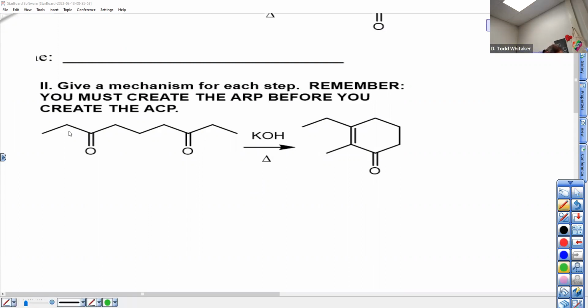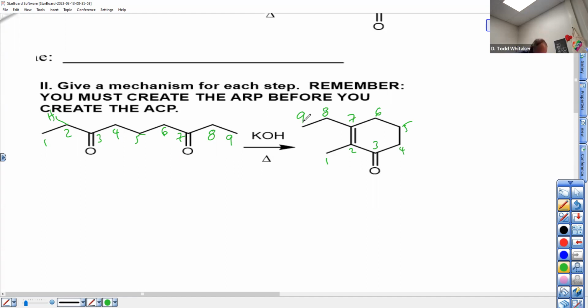Carbon 1, 2, 3, 4, 5, 6, 7, 8, 9. Well, carbon 3 is a carbonyl. 2, 1. I see an alpha H. It's called number 2, right? I'm going to put that H on there. Alpha carbon, yeah. 3, 4, 5, 6, 7, 8, 9. Oh, the carbonyl 7 got attacked, didn't it?